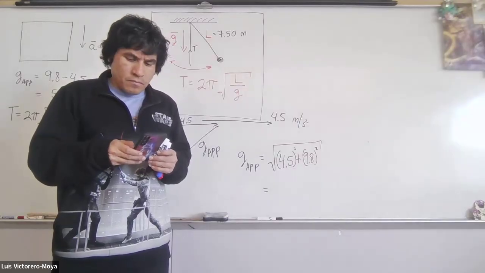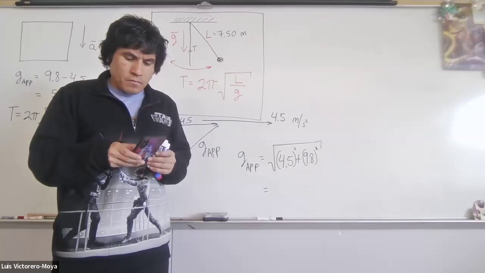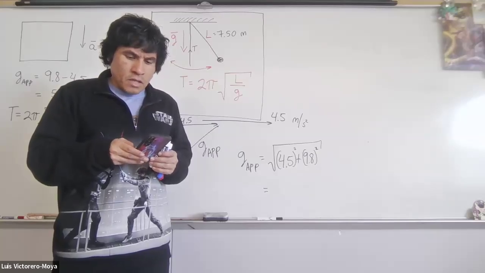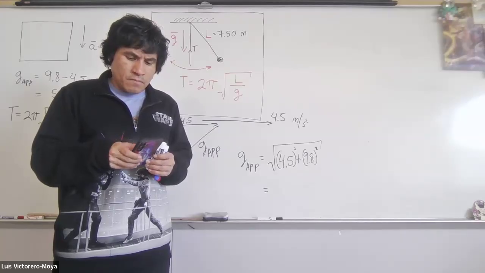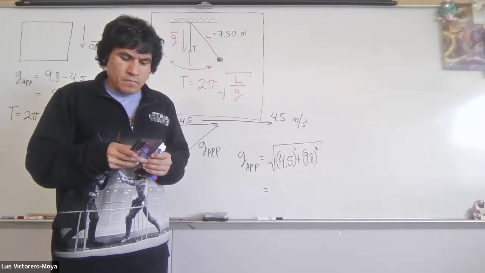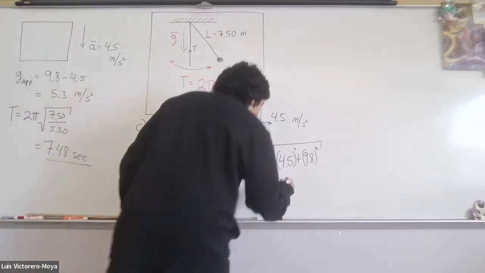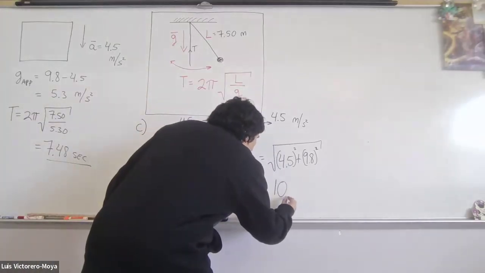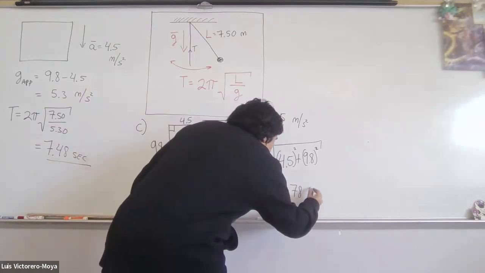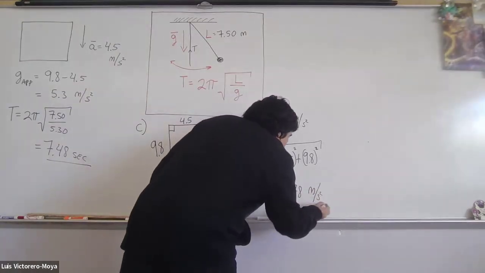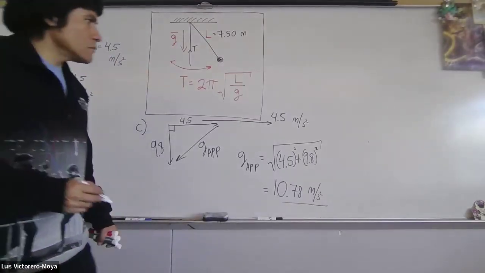So 20.25 plus 96.04 gives 10.78. So this is getting 10.78. It's not going to be that different as if it was stationary, I guess, but it's a little bit more.